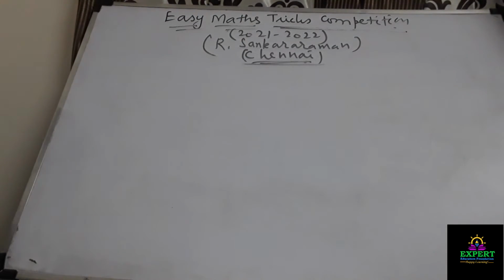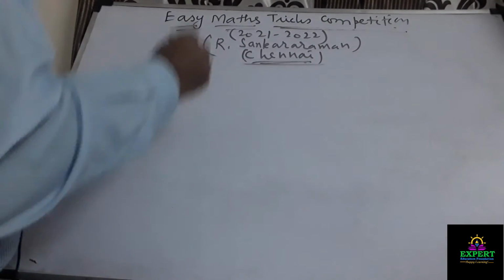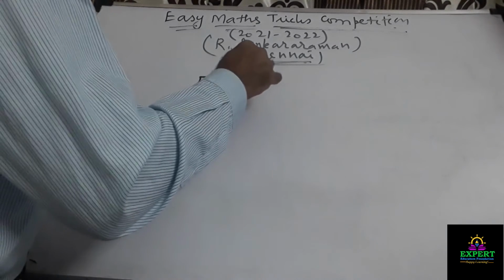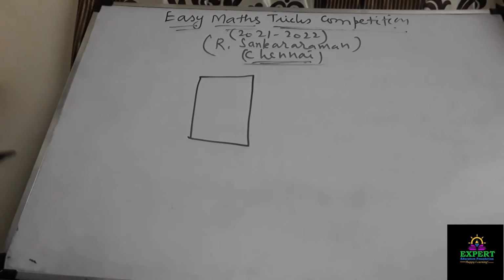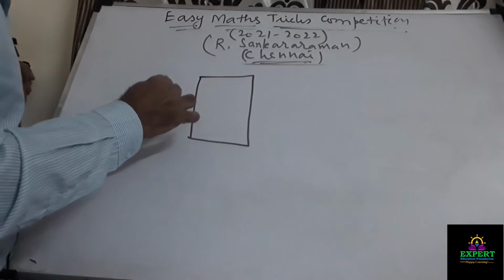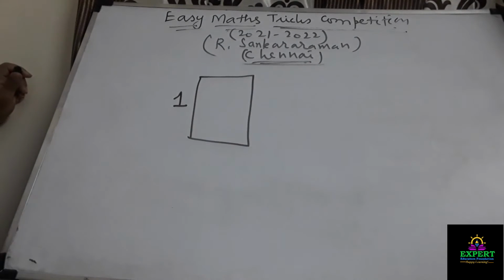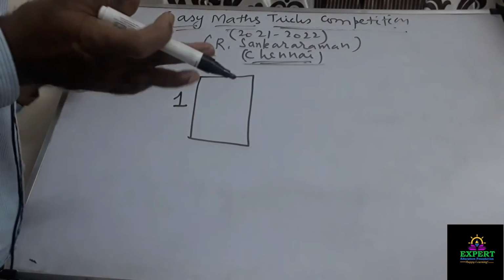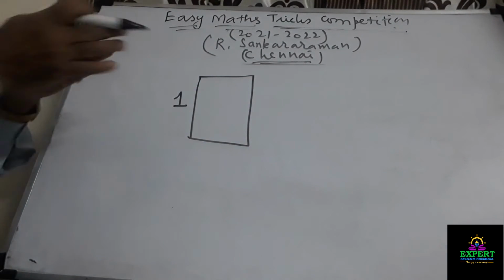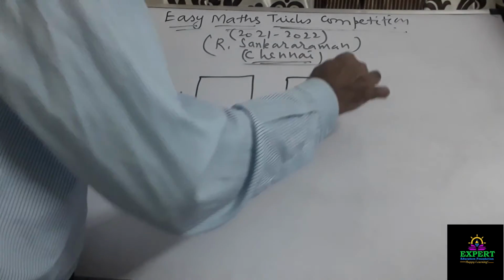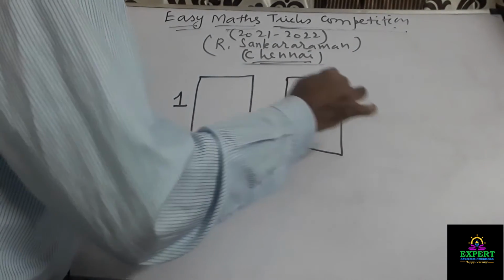Just listen carefully. I take a sheet of paper to represent number 1, any size, it doesn't matter, a full scale paper or your A4 size paper, whatever it may be. Now I fold it equally and unfold. Each represents half.